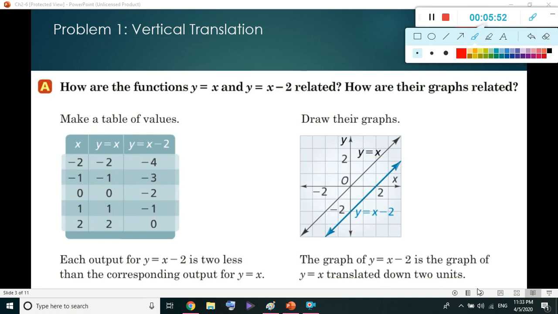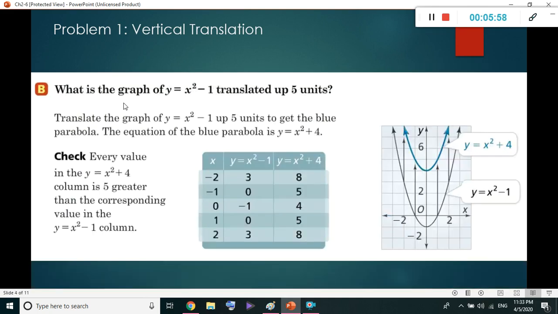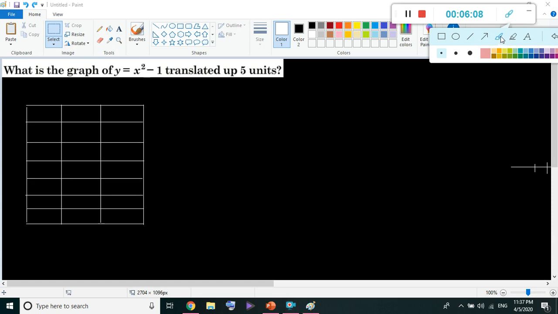Okay, let's see the second example we have here. What is the graph of y equals x squared minus 1 translated up 5 units?